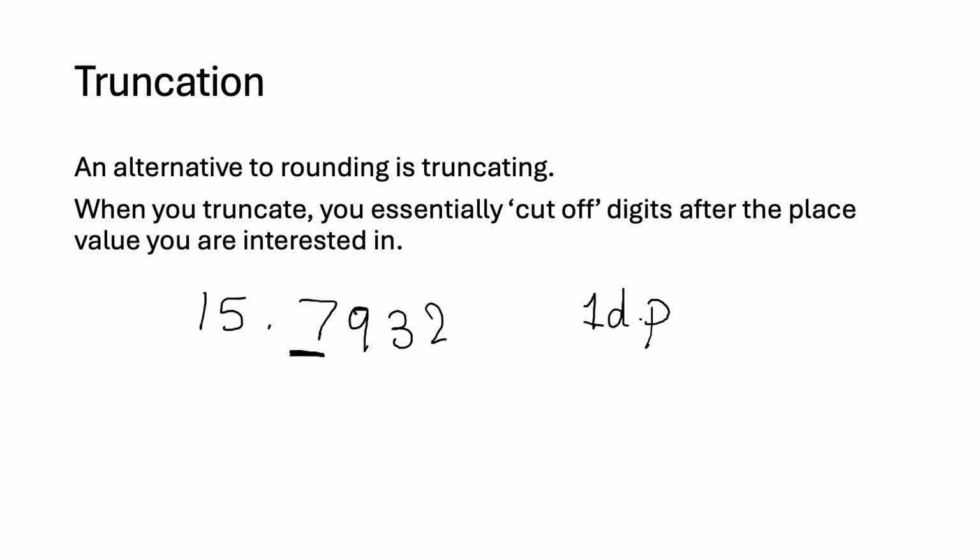But with truncating, we don't really care what number is next to the decimal place that we are interested in. So this 9 can be a 3, a 2, or whatever. We don't really care. So we essentially cut off these digits here. We imagine that it's not there. So when we truncate this to 1 decimal place, we just get 15.7.